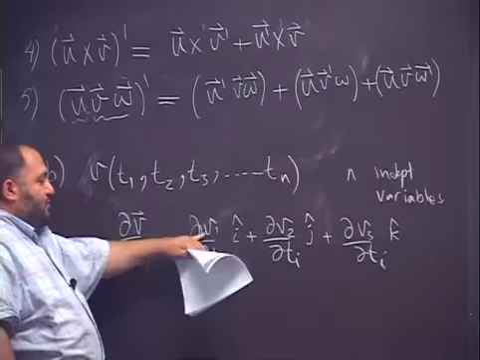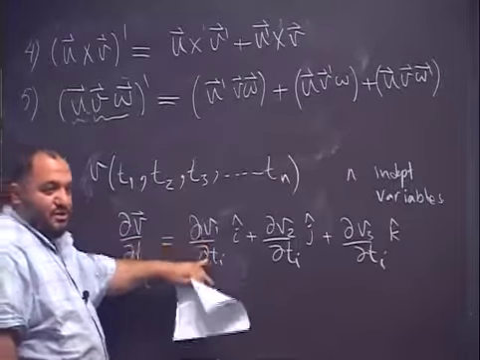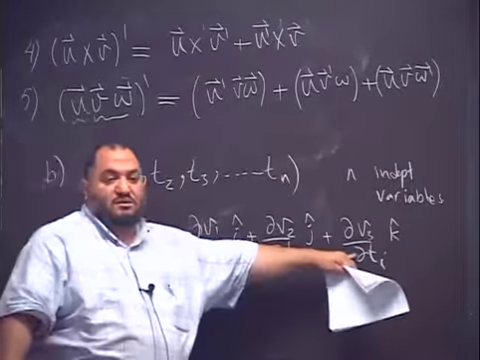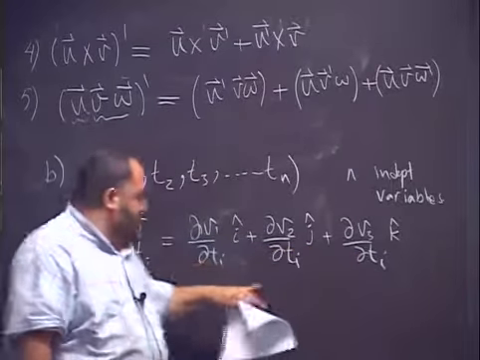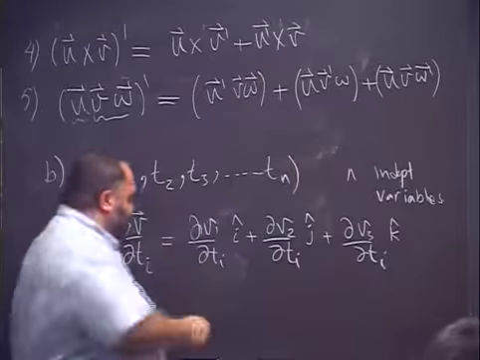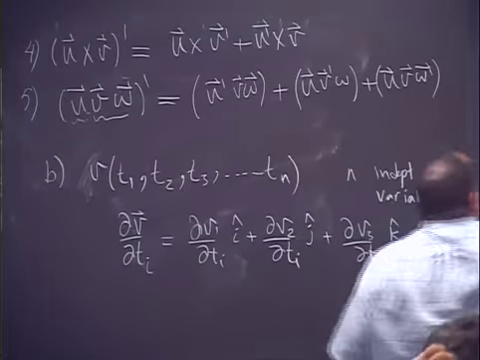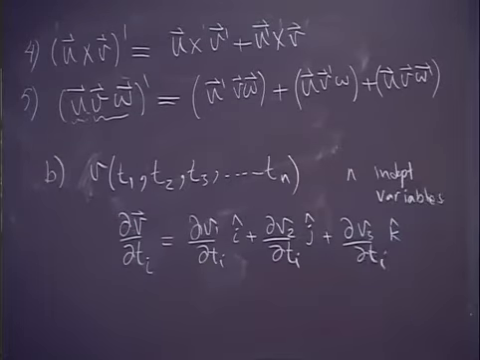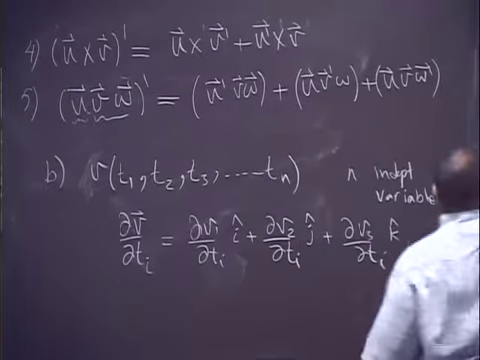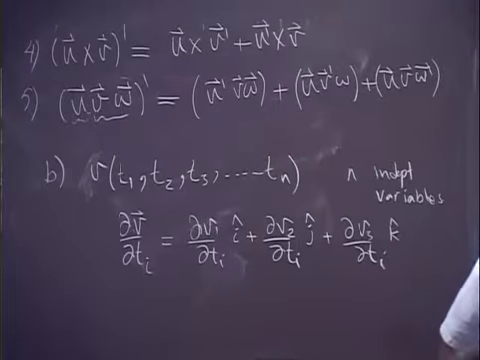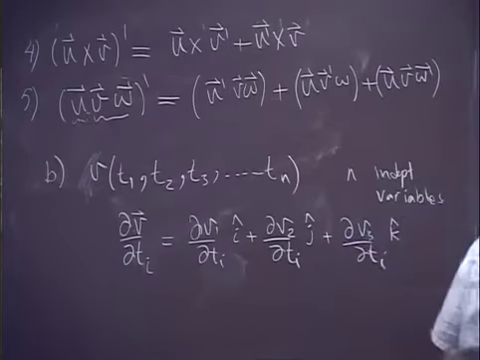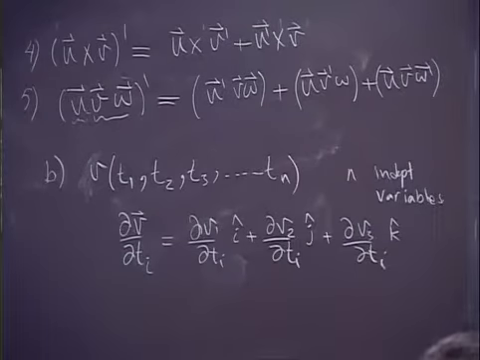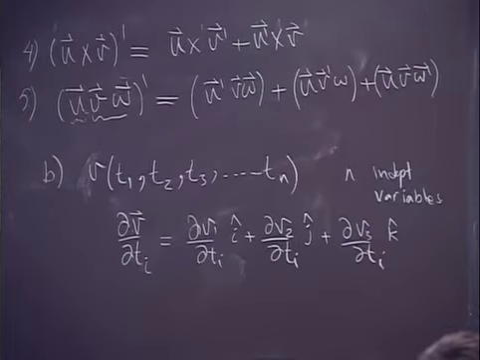So you just differentiate the relevant components of the vector, v1, v2, v3, with respect to ti. So what if the independent variable t is also a function of other variables, s1, s2, s3, and so on? So what do you think I should use? The chain rule.